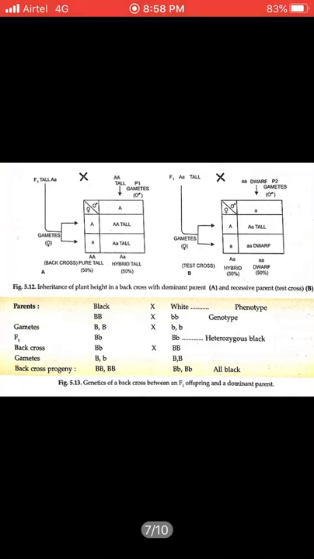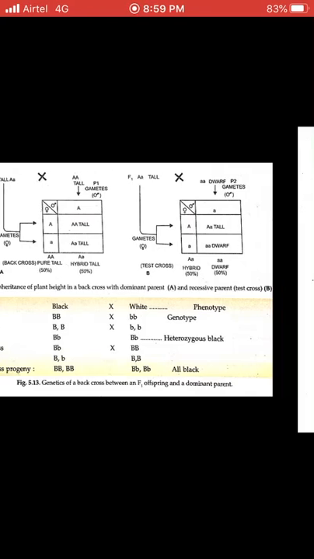If the offspring is crossed with the dominant parent, what will be the ratio of offspring formed, and if it is crossed with the recessive parent, what will be the ratio? If the offspring is crossed with the dominant character, every offspring will have dominant traits. When it is crossed with a recessive character, there is a 50-50 chance that one will be dominant and one will be recessive.